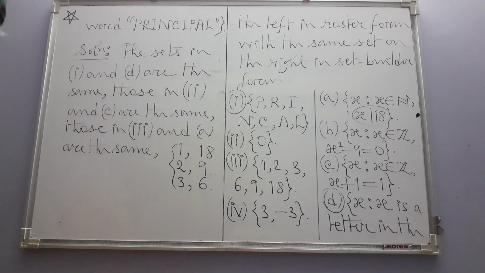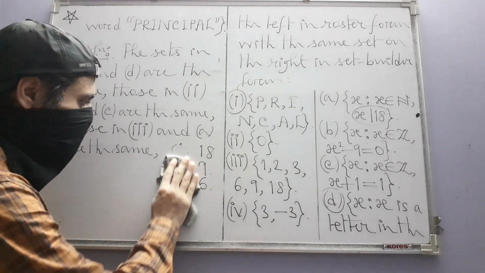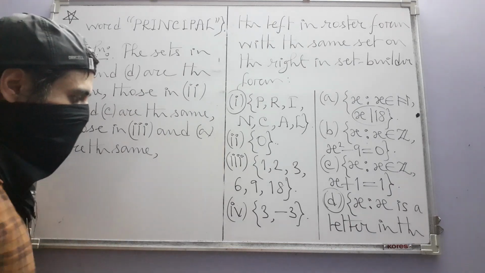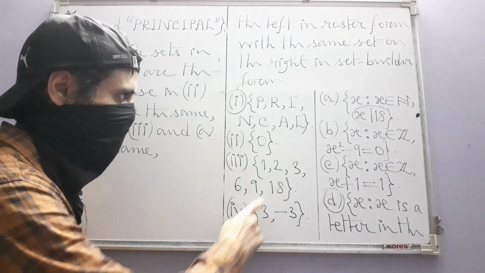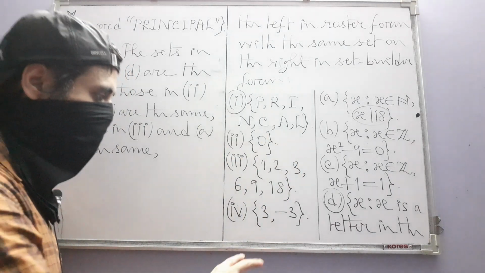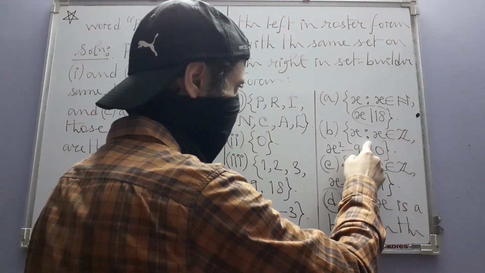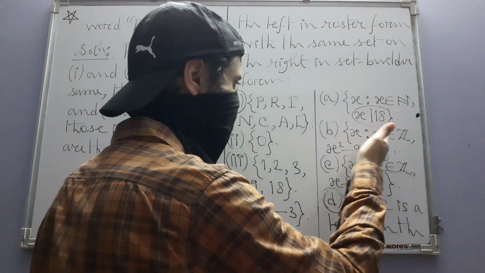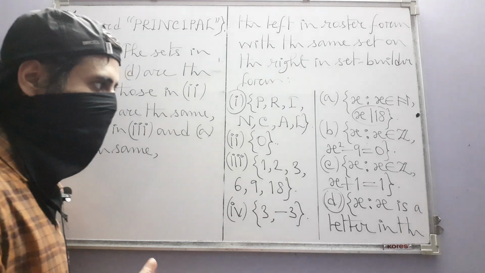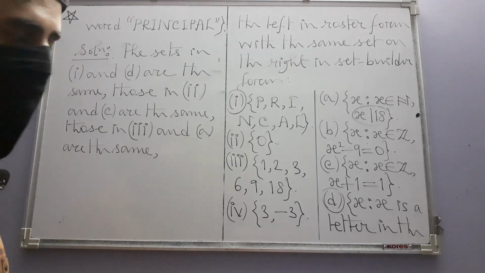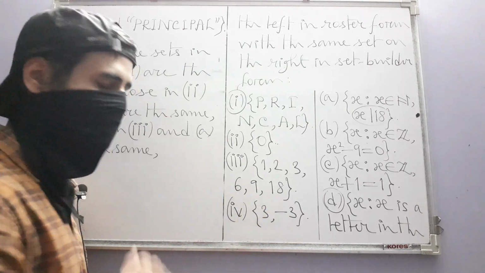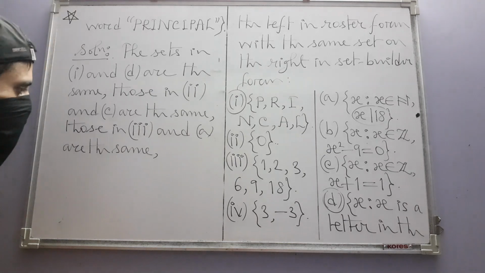And finally, of course, the sets in 4 and B are the same. Why? This is the set of all integer solutions of the equation x squared minus 9 equal to 0. And you know that these are the integer solutions. That's why.